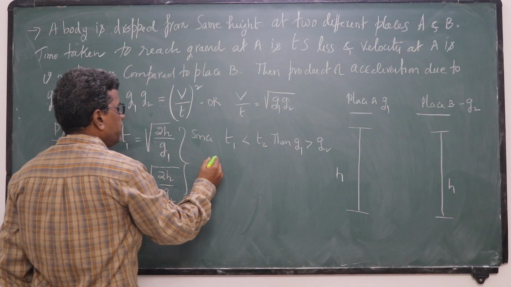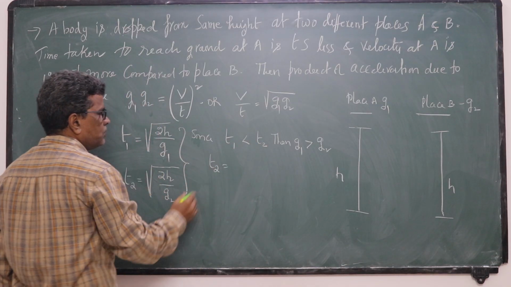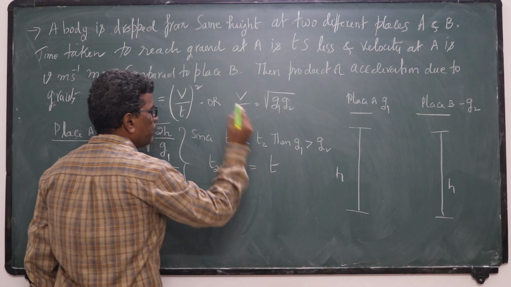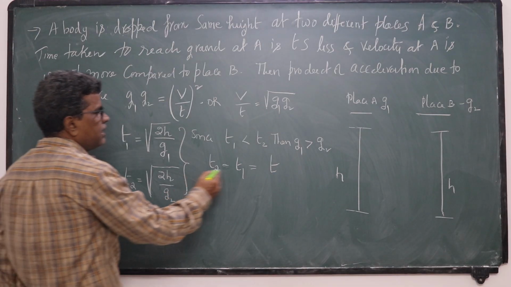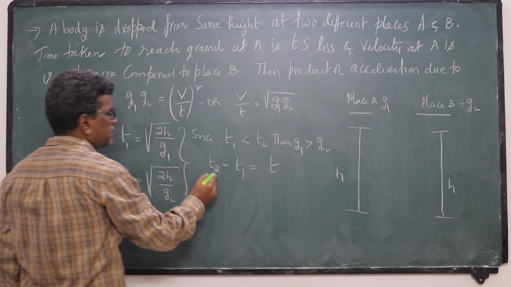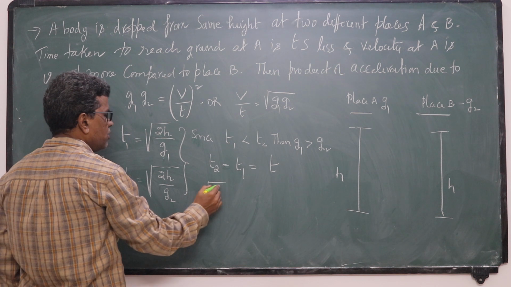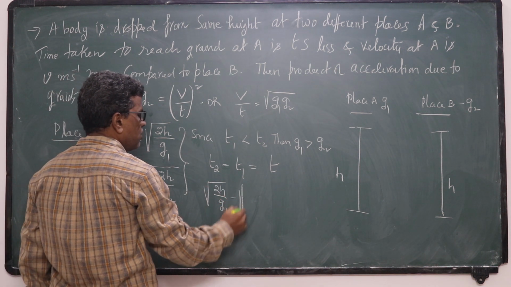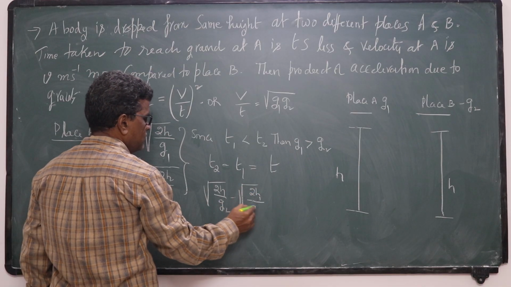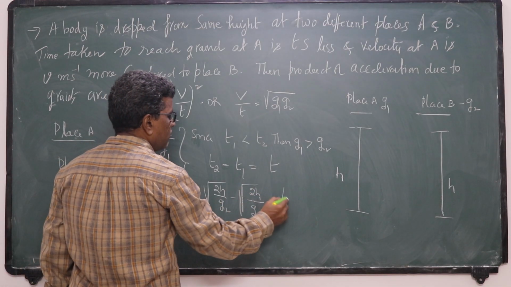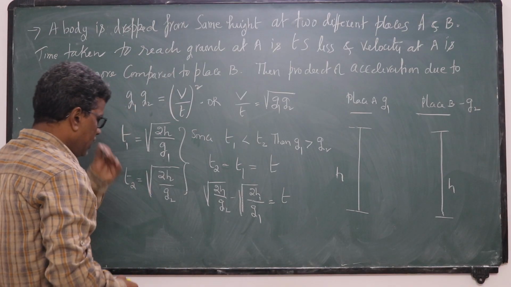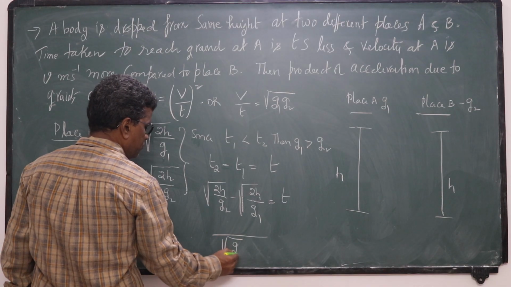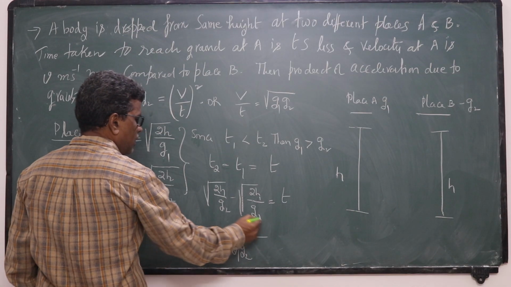So that t2 minus t1, difference in times is t given, because it takes t seconds less. What is t2? Square root of 2h by g2 minus square root of 2h by g1 is t. So you take LCM. So root g1 g2 LCM.